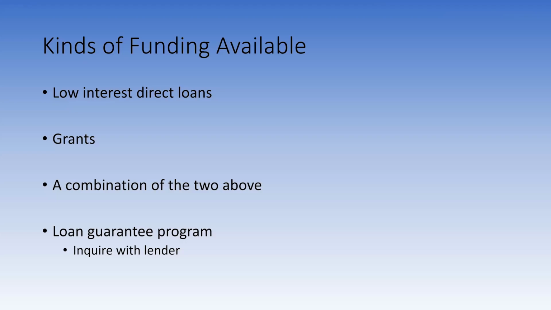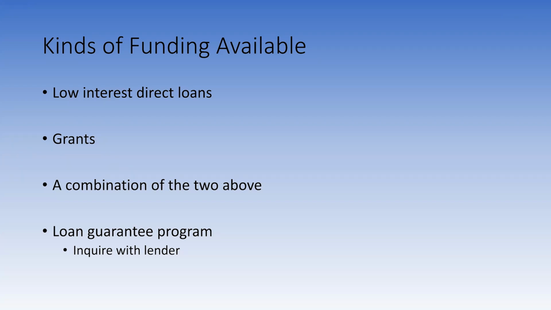So let's start with the kinds of funding available as part of this program. There are low interest direct loans. Being a loan, that means money that you are expected to pay back in time. Now, it's low interest financing that's being provided, and that's the best kind of financing. When you're searching for loans for a project, you always want to look for the lowest possible interest rate.